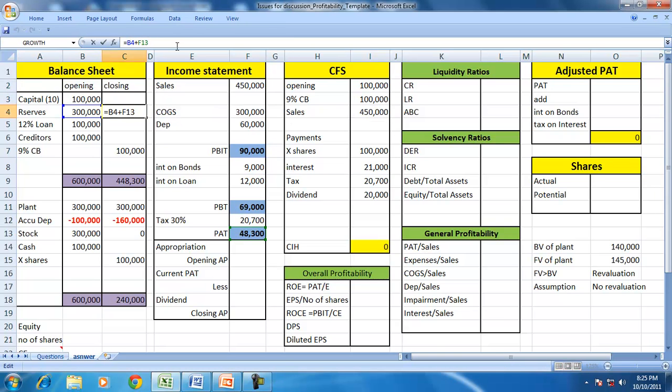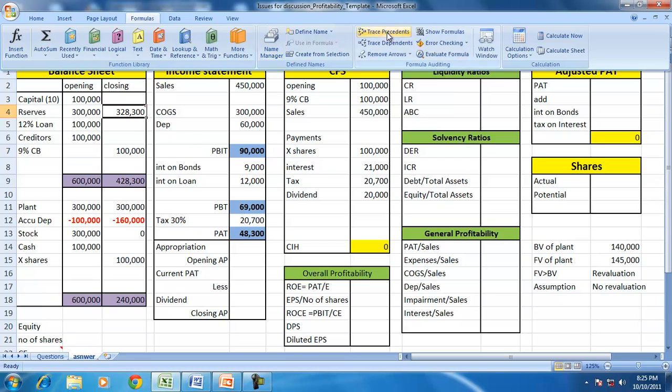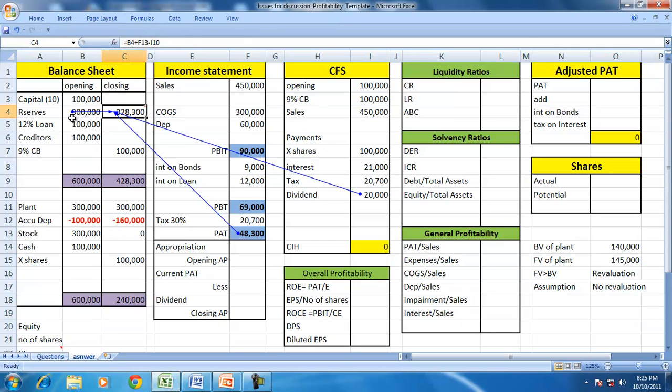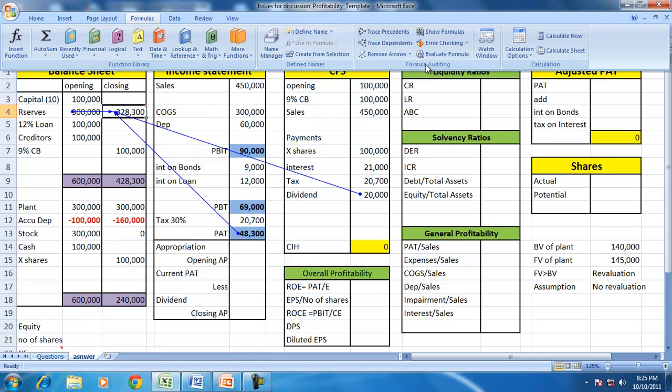Since you have paid off the dividend, so the reserves will come down to that extent. So we can see the change in the reserve. Opening reserve plus PAT minus the dividend, opening reserve plus the current profit minus dividend is a closing reserve.